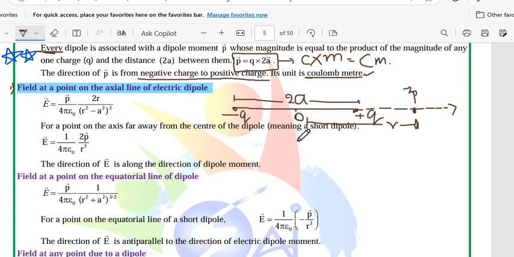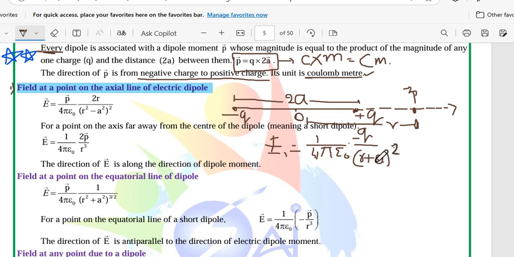The electric field E1 is equal to 1 by 4 pi epsilon naught into charge minus q divided by (r plus a) whole square. Am I right or not?